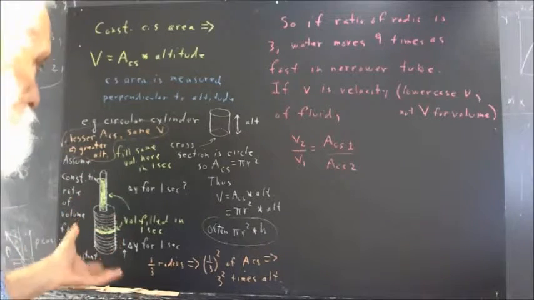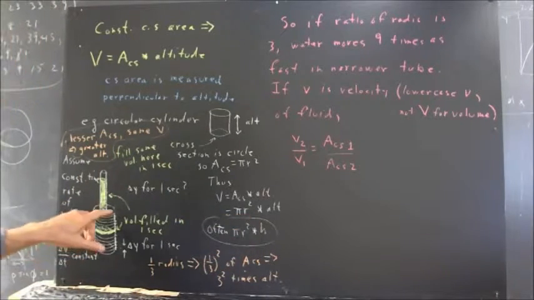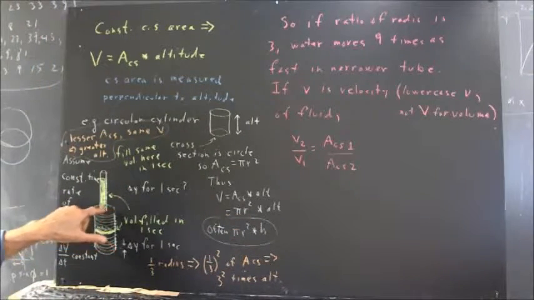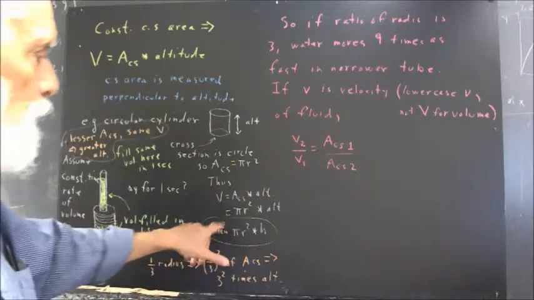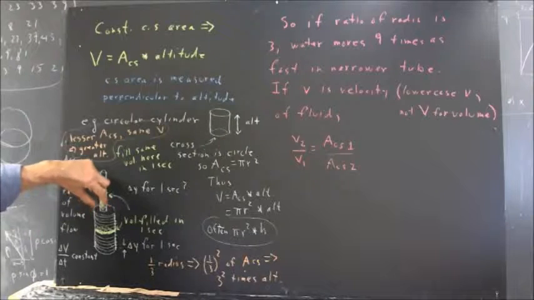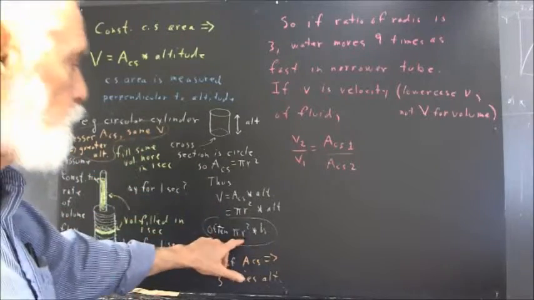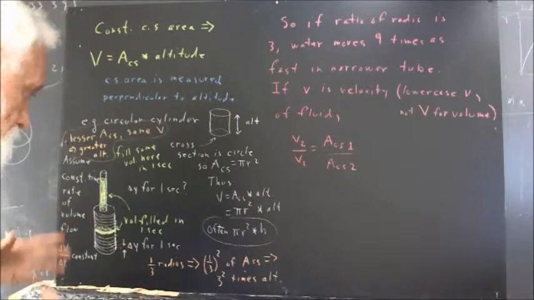Well, if you square the ratio of the radii, in other words, if this one has 3 times the radius of this one, then you're going to get 9 times the area. If this was twice the radius of this, or twice the diameter, either way, then squaring the 2, you would get 4 times the area.